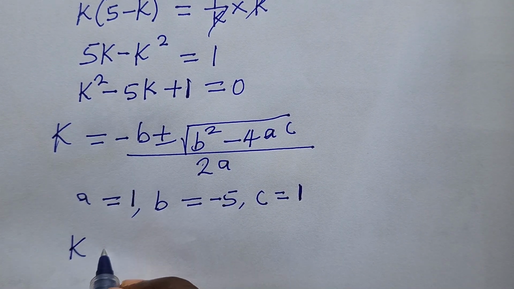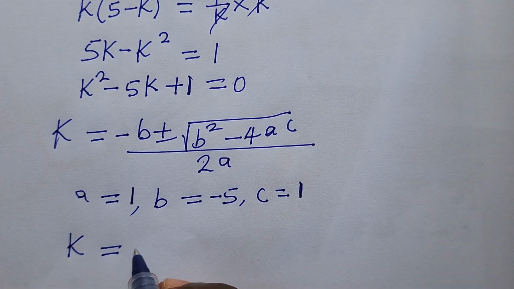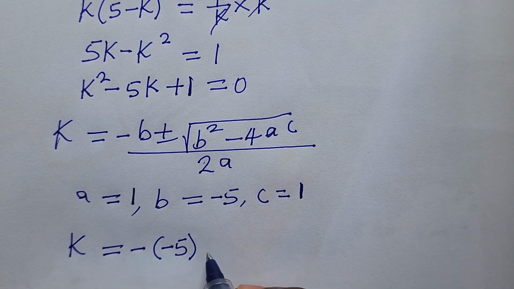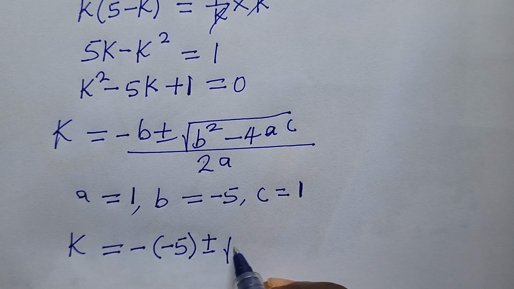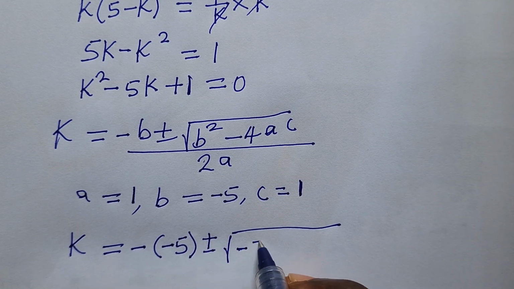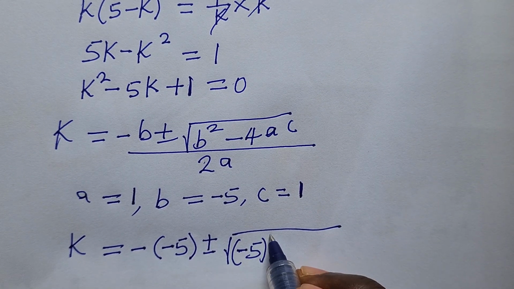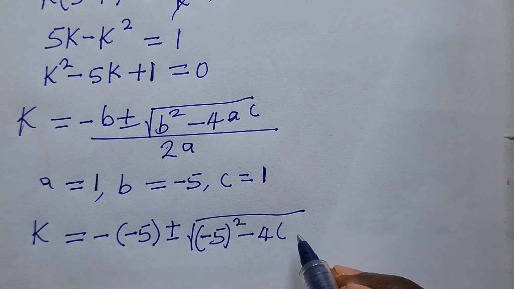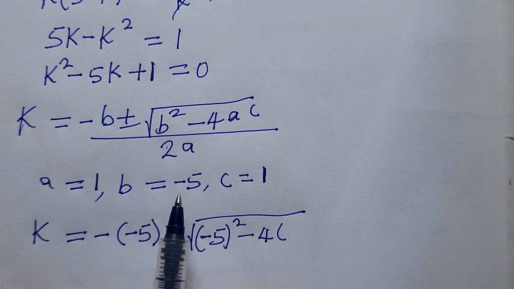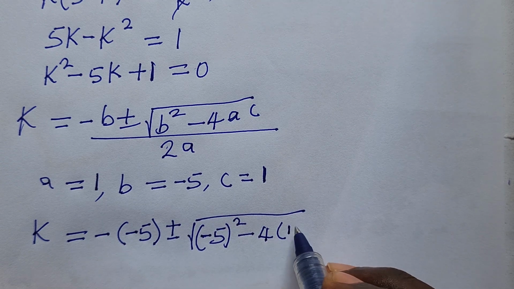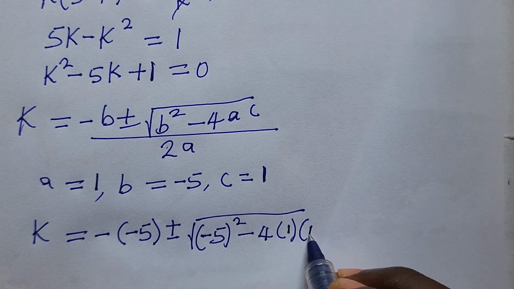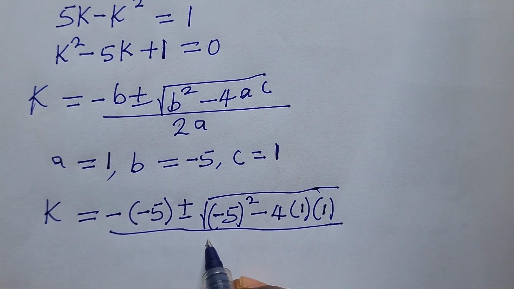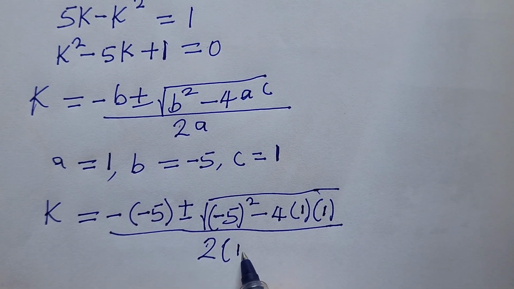We're going to have k will now be equal to minus bracket minus 5 close bracket plus or minus the square root of minus 5 all to the power of 2 minus 4 times a, which is 1, times c, which is also 1, then everything all over 2 times 1.